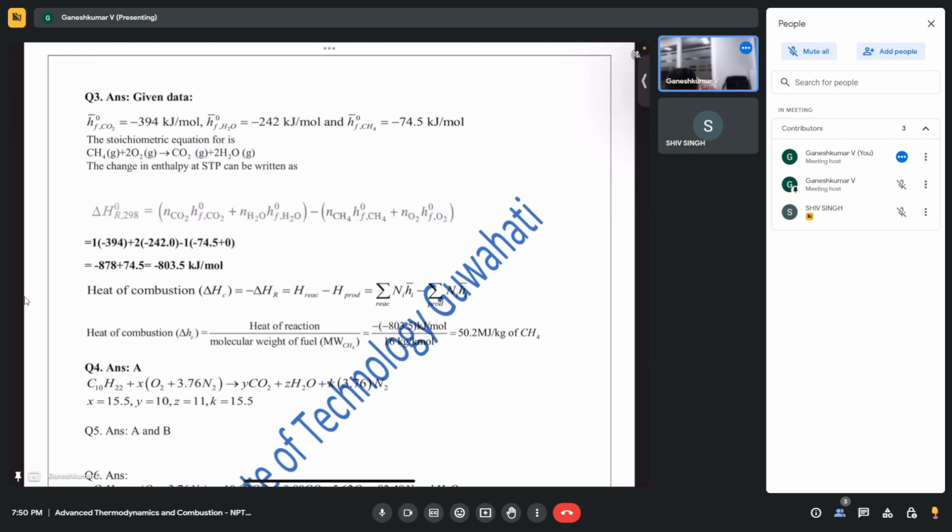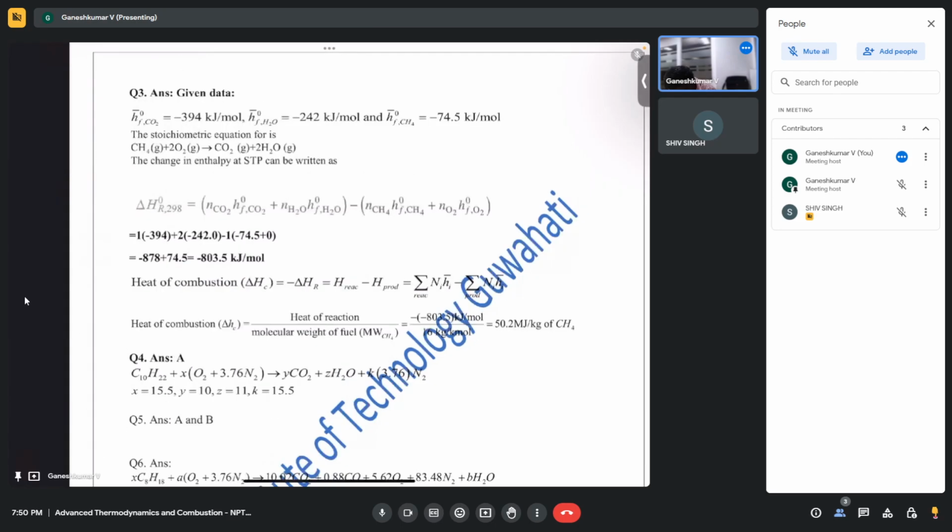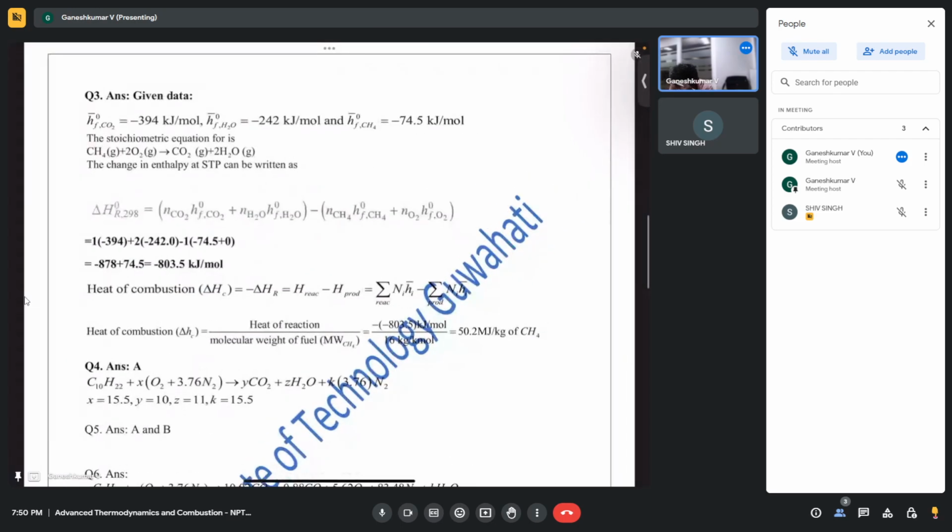Delta Hc divided by molecular weight. See, this is 50.2. It's positive, right? I have a problem at this place in the formula, sir. In that formula, heat of combustion is the ratio of heat of reaction by molecular weight of fuel.